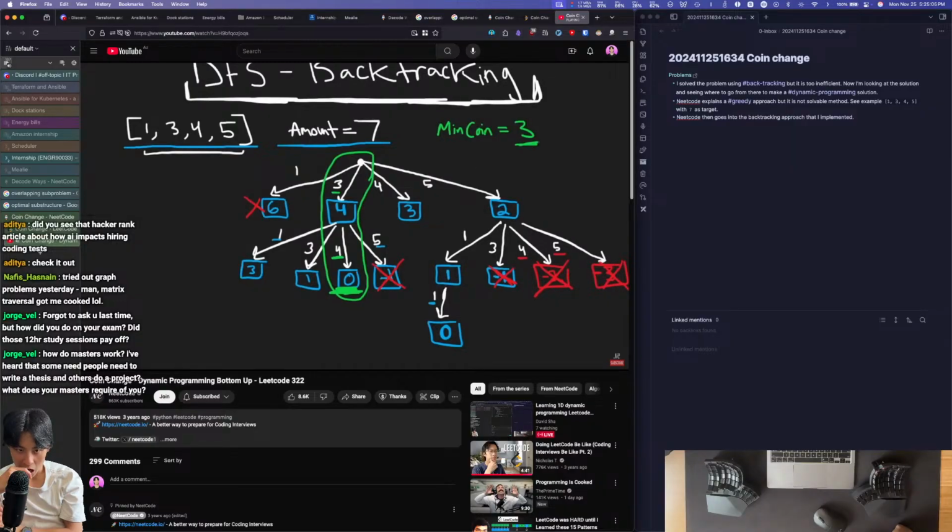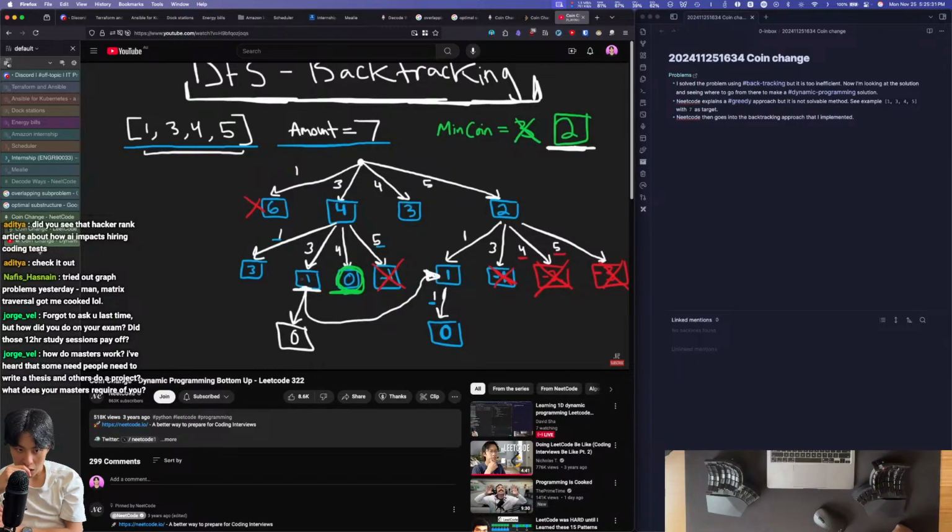We see our minimum is currently 3, but we can actually replace this now with a 2, because 2 is the minimum number of coins needed to total to amount 7. So we know this is the correct answer, but let's just see what happens with the remaining stuff. So first, let me just look at this 1. We see we actually already solved this subproblem over here, so we don't really need to solve it again.